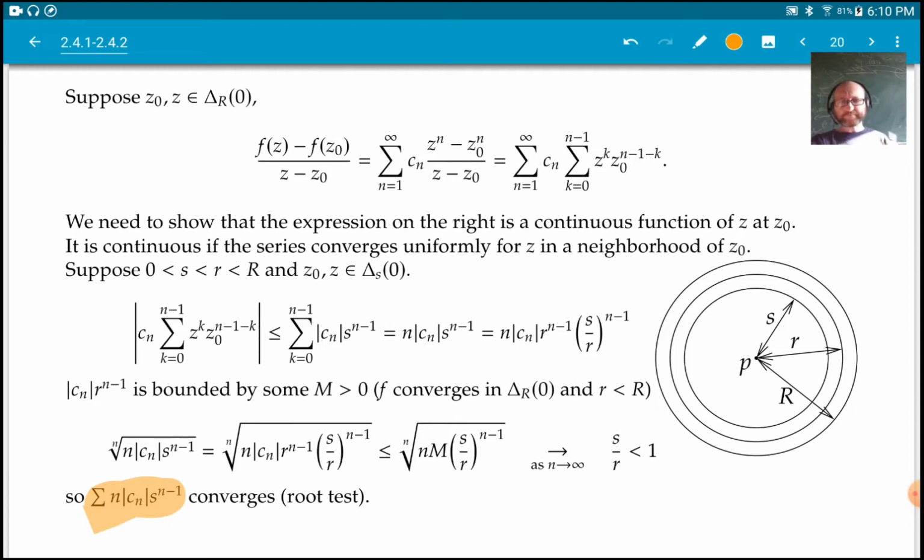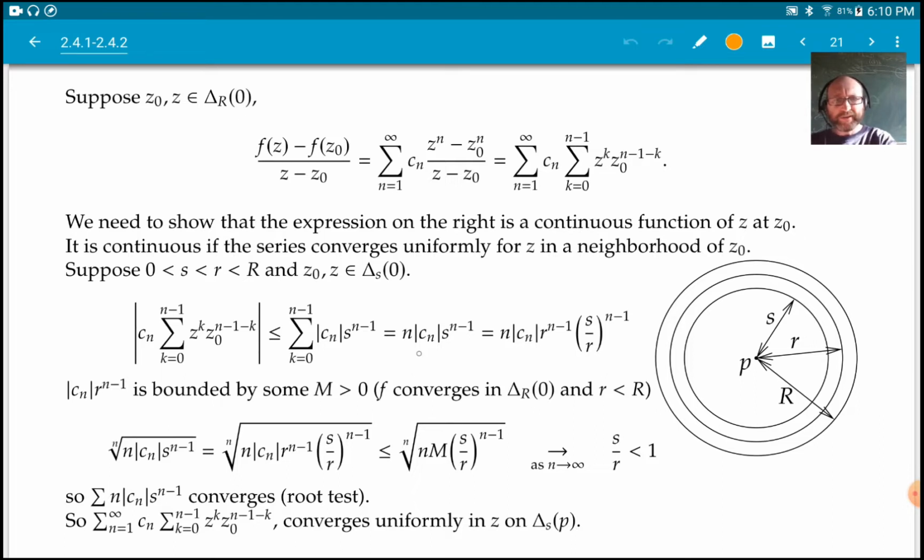All right, so what does that say? That was something that bounded this guy. So if I put in the sum over here, that thing converges, by the comparison test, using the sum of this guy.